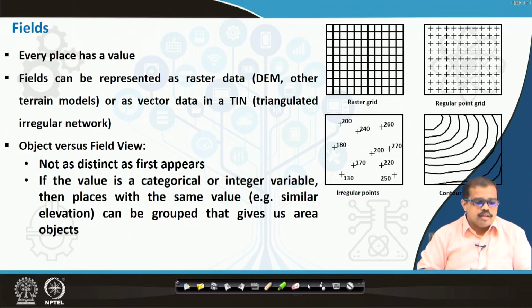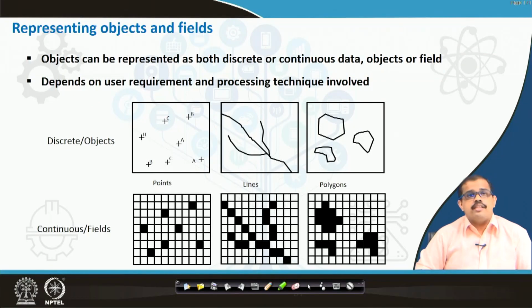When you look at the representation of an object and a field, if it is a discrete value and called an object, then it is points, lines and polygons, which can be represented simply: a number of points, 2 points form a line, and a number of line segments connected together with a closing segment form a polygon.